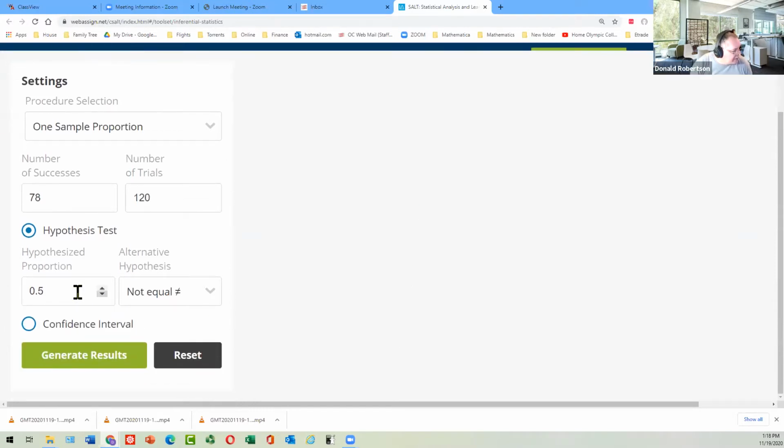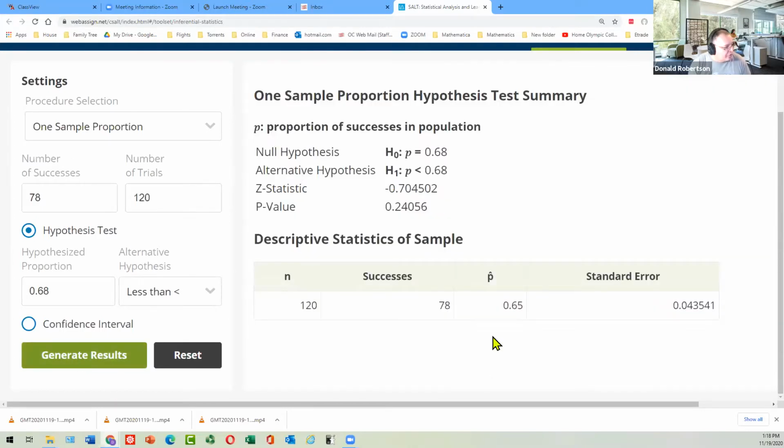You then move down to the hypothesis test part. And in our case, it was 0.68, and we wanted to see whether it was now less than. And if you switch them round, it makes more sense. We want to prove, the hypothesis test, that it's less than 0.68. So once you've got all that done, you hit generate results.